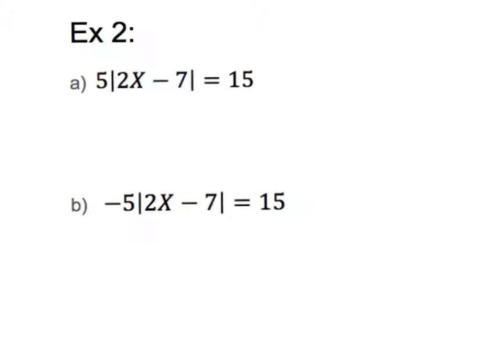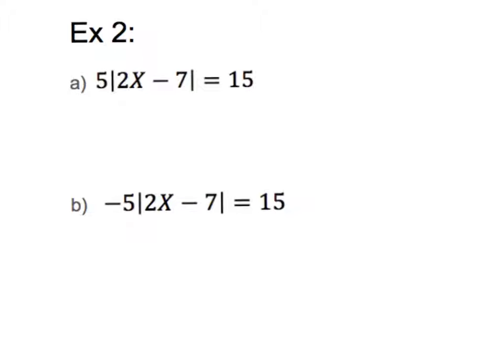No, you do not ever treat absolute value signs like you would treat parentheses, okay? That's a big no-no. Never distribute that 5 inside the absolute values. That is just a no-no in math. You never distribute the number outside into the absolute values because that's not how absolute values work.